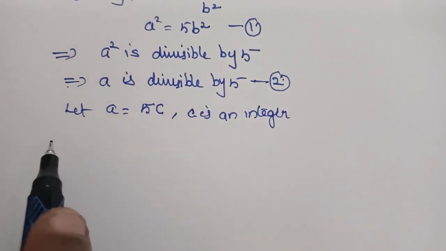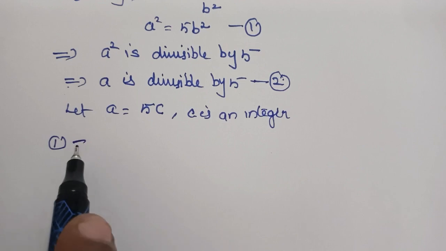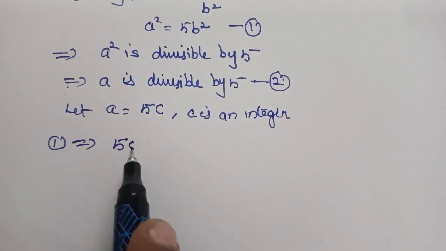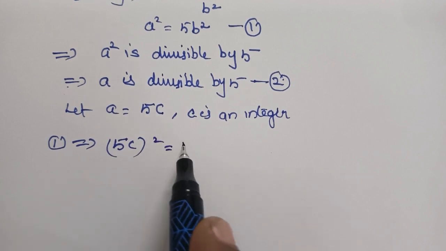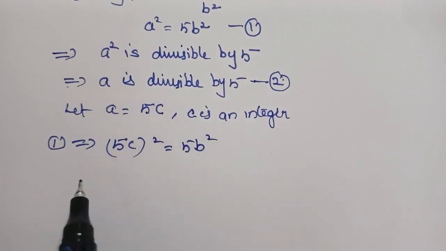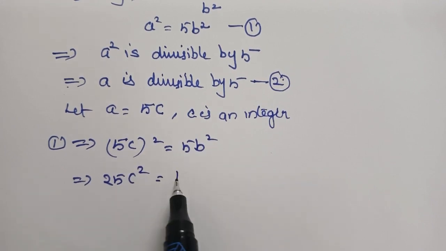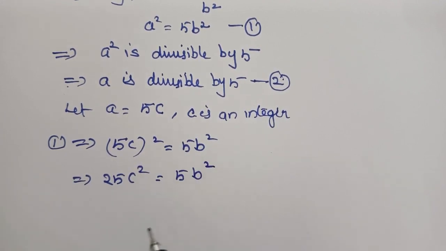Now substituting in the first equation, we get (5c) the whole square equal to 5b square, or 25c square equal to 5b square. Cancelling 5 on both sides, we get 5c square equal to b square.